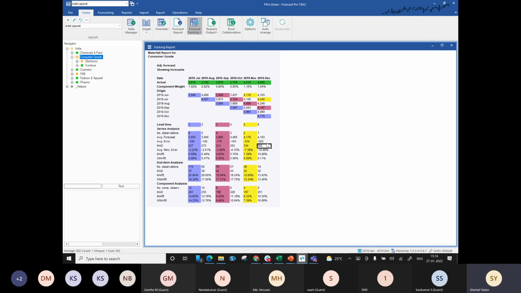Now, if you look at lead time 6, because we have only one observation over here, which is 4103 versus 4605, the difference is 502, and my average error, my MAD, is the same. Only the difference is in the signs, whether it's positive or negative. Mean absolute deviation is always positive in nature. So that's what you get to see over here.